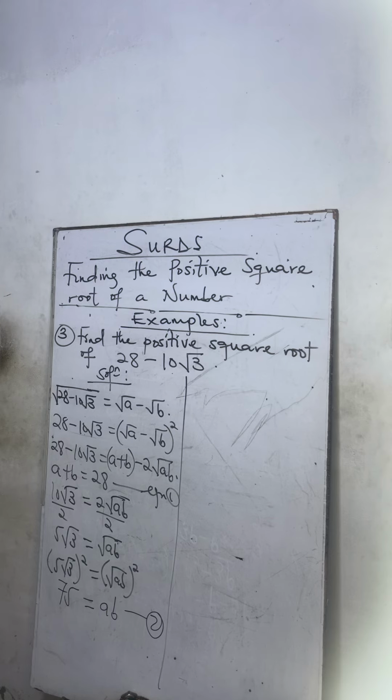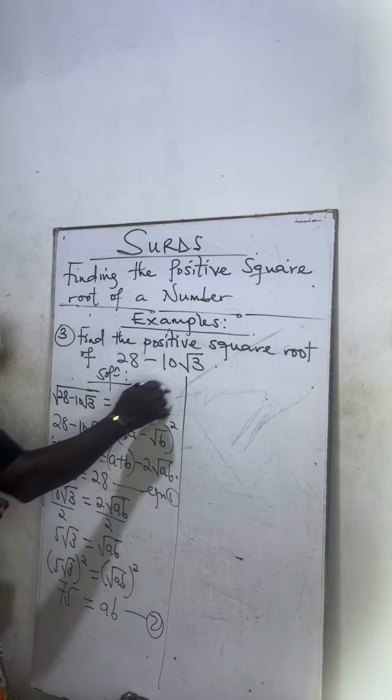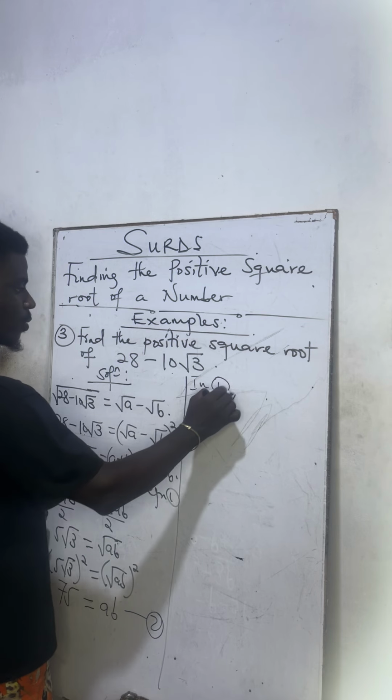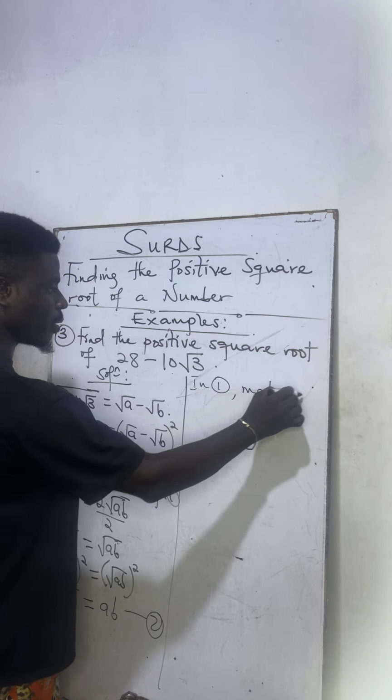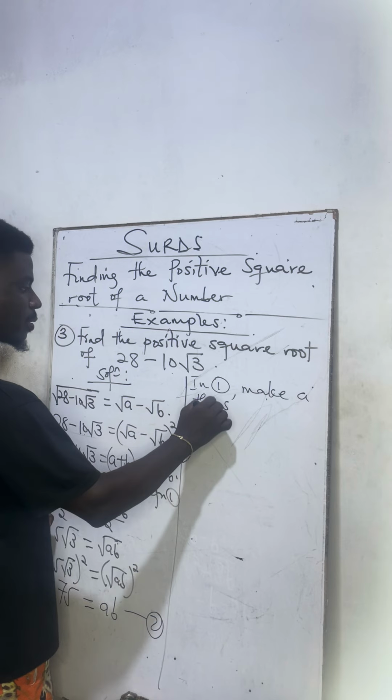Now, solving equation 1 and 2 simultaneously using the substitution method. So in equation 1, we make A the subject.